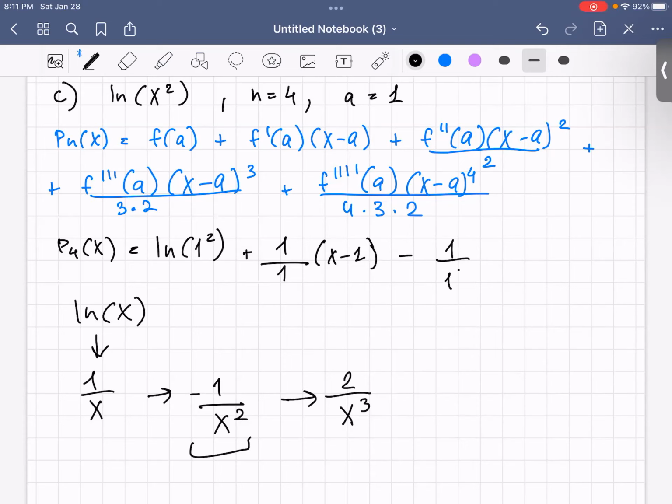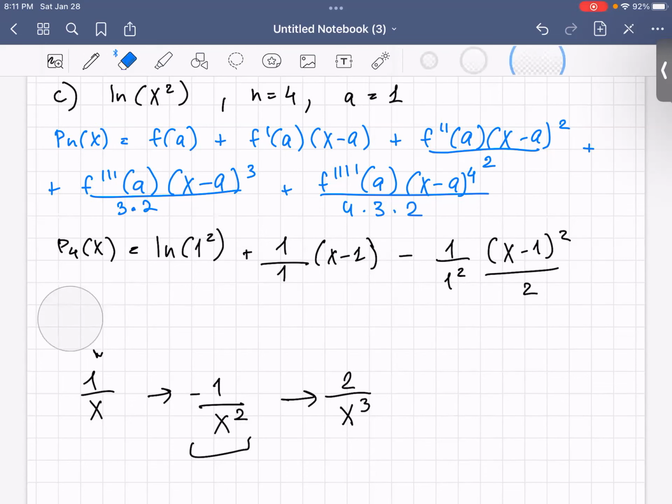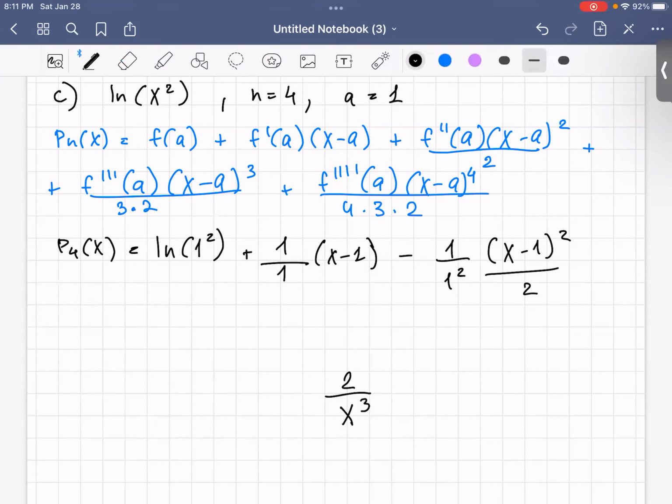So 1 over 1 squared, x minus 1 squared over 2. This is our third derivative. I'm just going to leave it here. So then it's a plus 2 over, again, our x is 1, cubed, x minus 1 cubed over 3 times 2, which is 6, right?